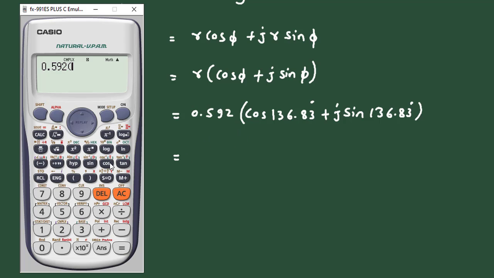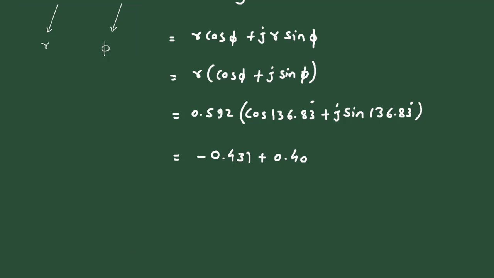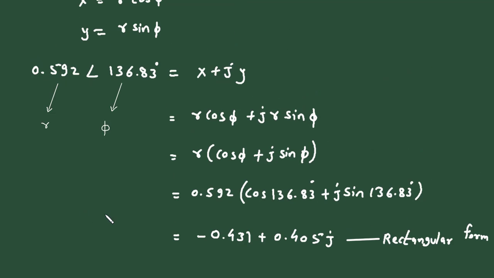So this is equal to minus 0.431 plus 0.405j. So this is in rectangular form.